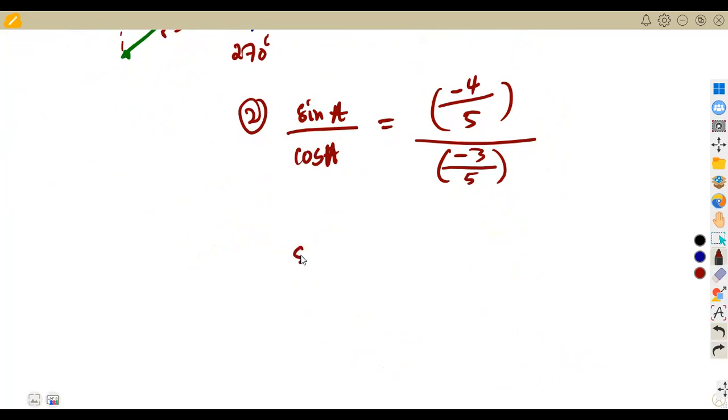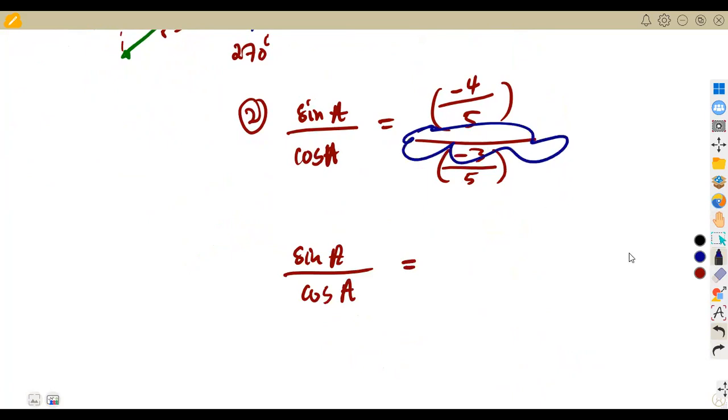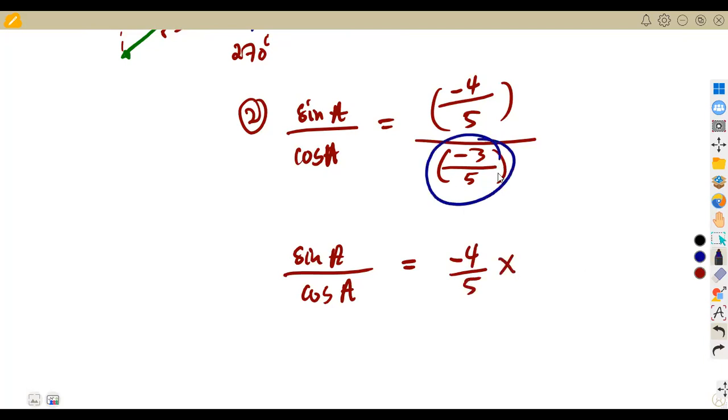As we know, this is a fraction divided by a fraction, so you introduce a multiplication: -4/5 multiplied by the other fraction interchanged, with this on top and this down, so it's 5/3.